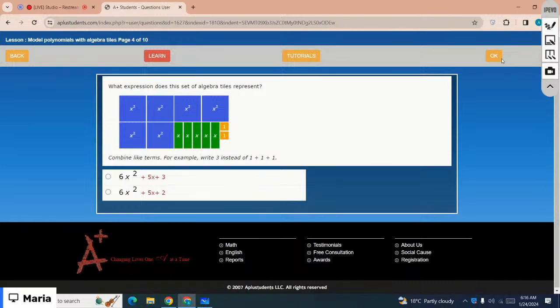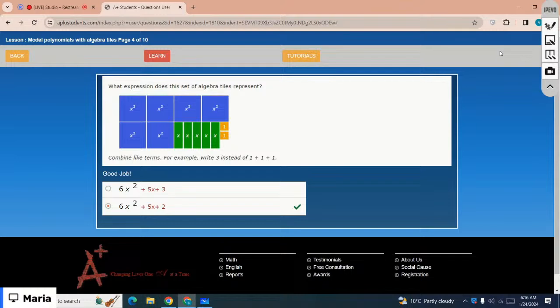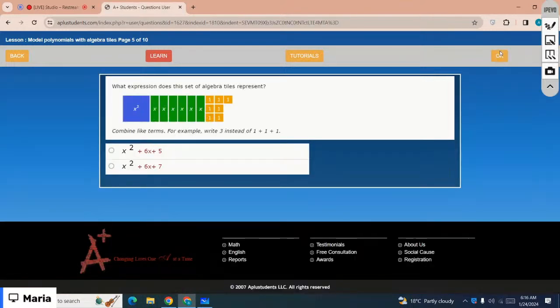That is 6x square plus 5x plus 2, right? The correct option is 6x square plus 5x plus 2. Option number 2 is the correct option. Very good.